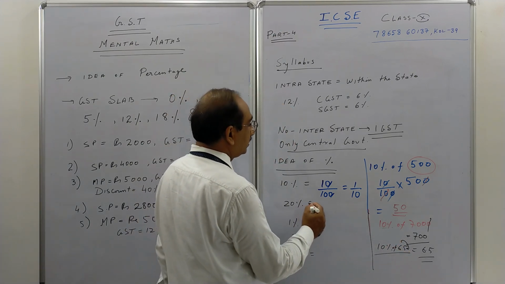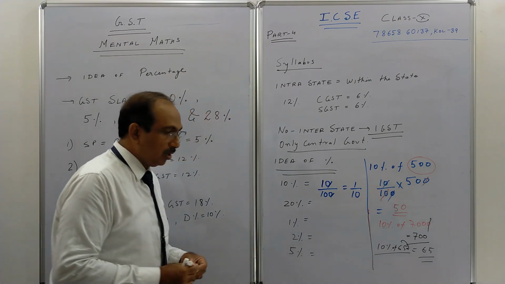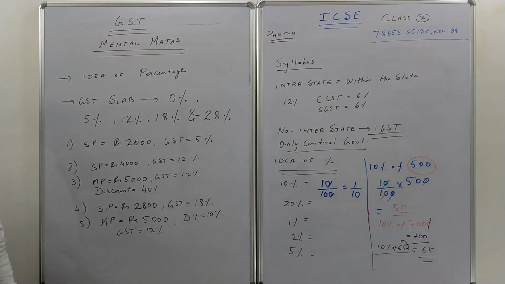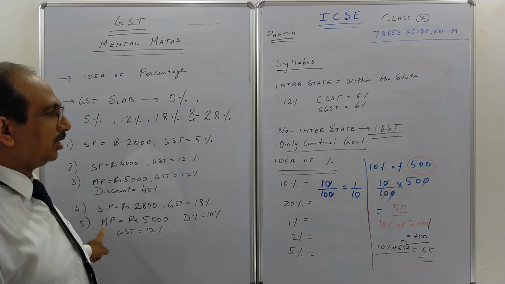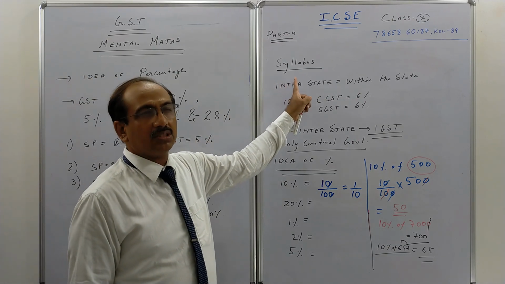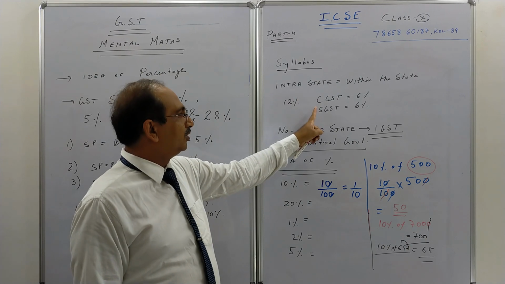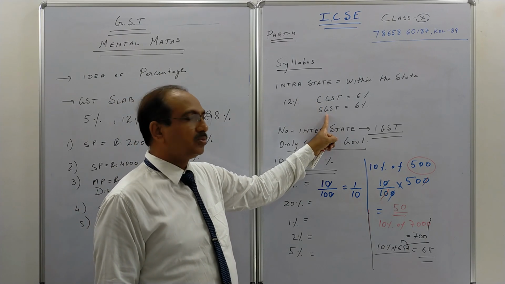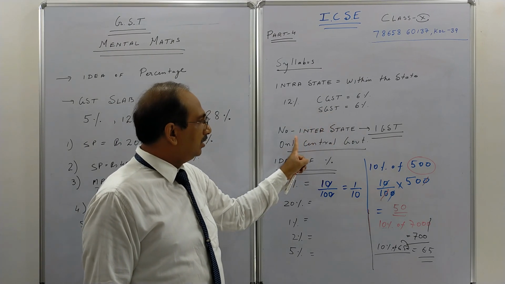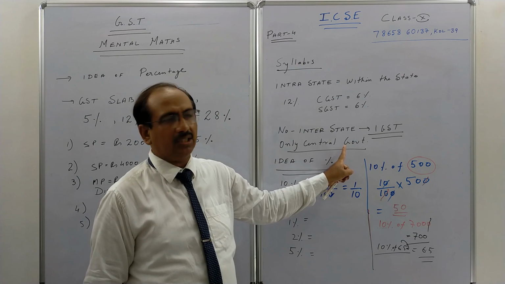Similarly, 20%, children, is, suppose we have got, please copy, then I'll show you 20% of and 1%, because all this idea we are going to use over here. So once more, the syllabus talks about only intrastate, where half of the GST goes to the central government, CGST, and half goes to the state government, and there is no IGST in the syllabus, or I have never seen a question in ICSE.